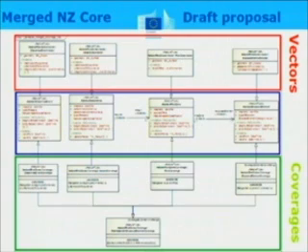Also, we have two types of data, let's say. We have vectors and we have also grids. So in the last model, we are trying to merge those two worlds together. And this is an example of the current proposal where we are able to merge the coverages and also the vectors in the core model.